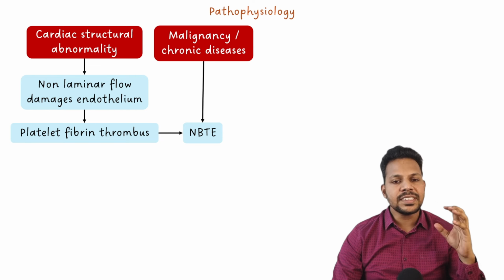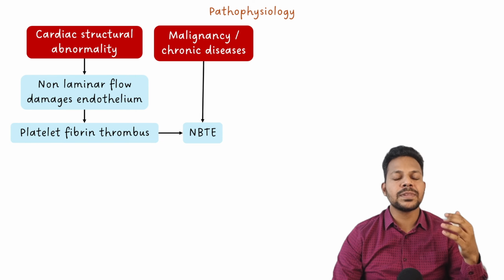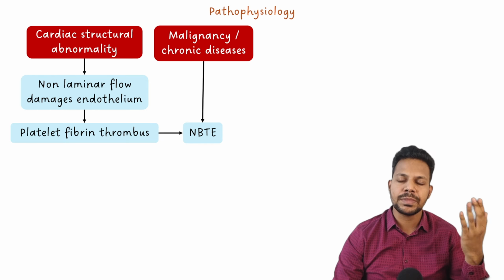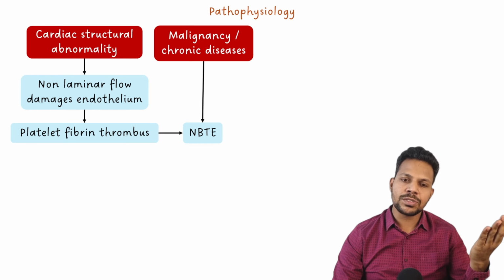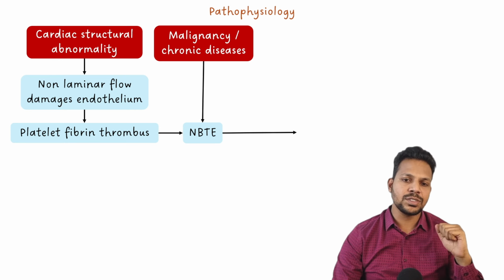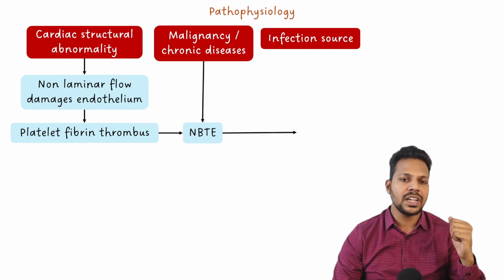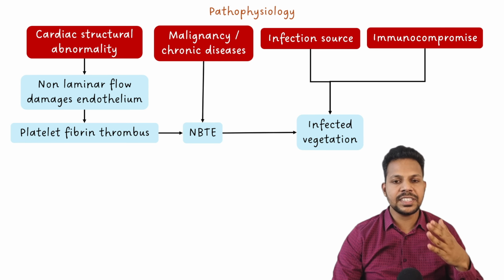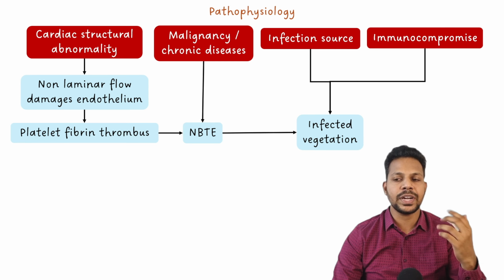When the patient gets infected over this NBTE because of some infective source, it could be a bacteria or a fungus, the patient will develop infective endocarditis. So when the patient is having an infective source and is immunocompromised, together the patient can have infected vegetation. At this stage, the patient is supposed to have infective endocarditis.